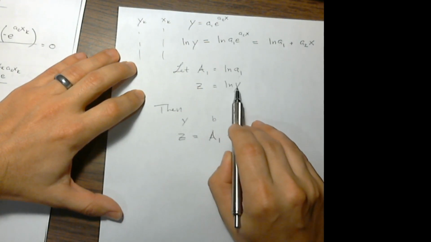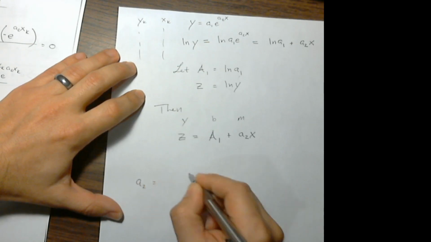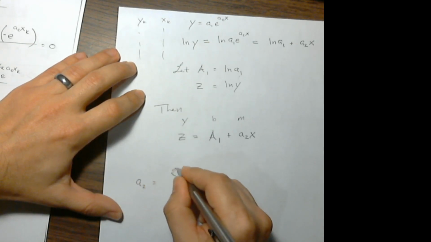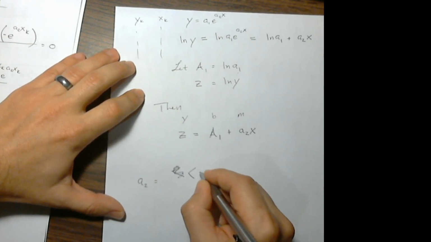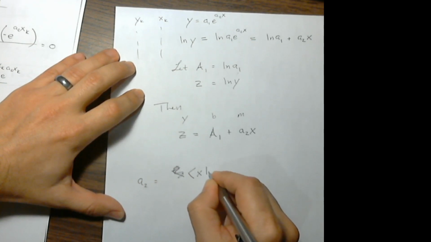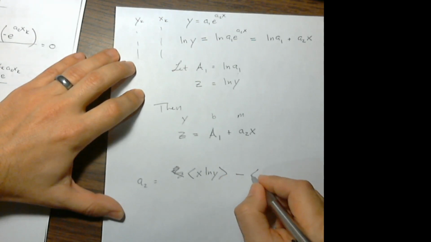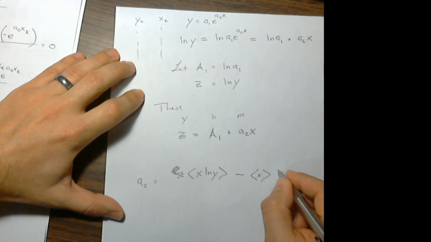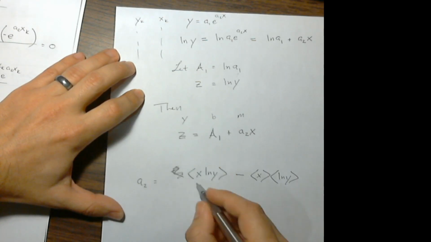calculating expected values of y, you'd end up with something that looks like this. A2 would end up being the expected value of x times the natural log of y minus expected value x, expected value natural log of y, or z, whatever.